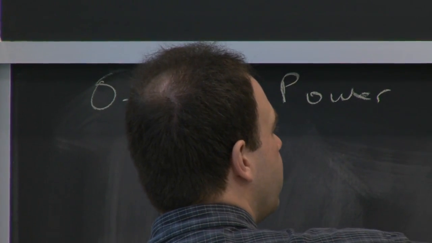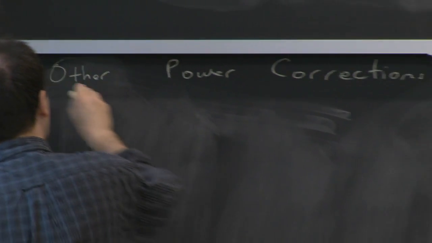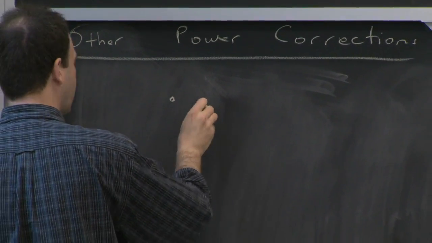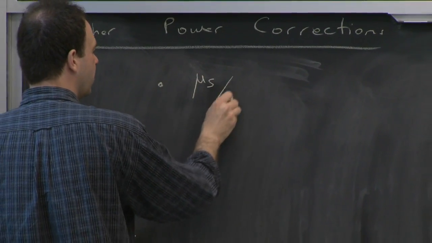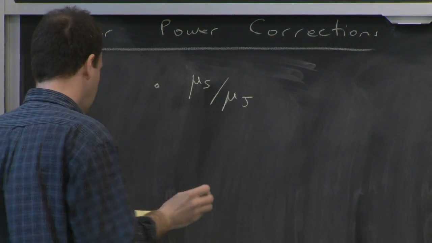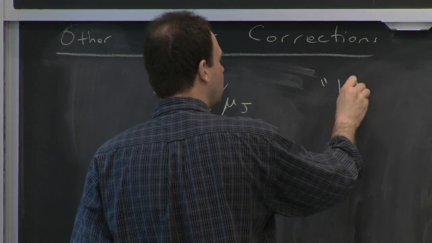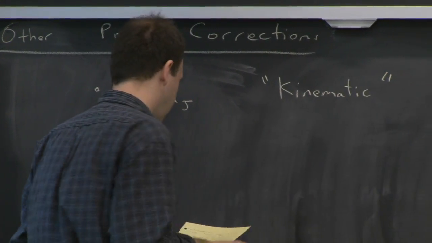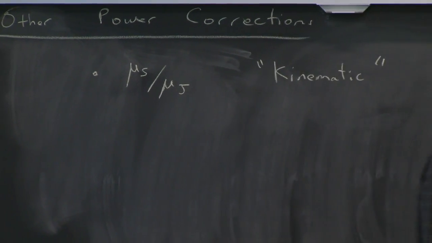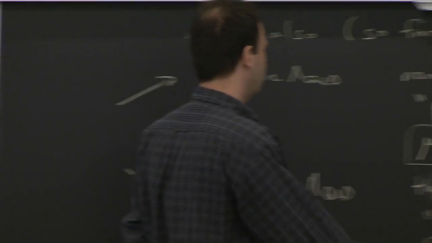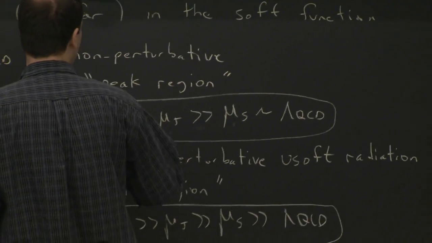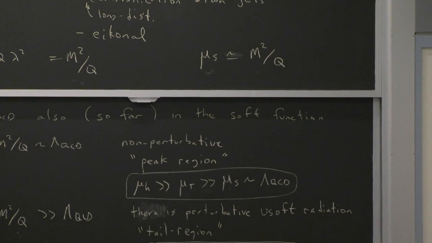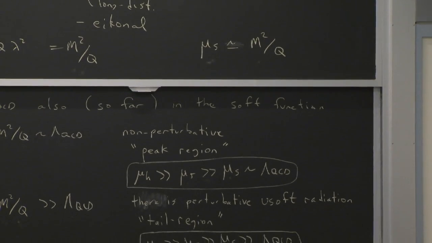You could ask about other power corrections. There's a set of power corrections where you would expand in, say, mu_s over mu_j. Let me label these as kinematic, because of the things setting the scale for mu_s and mu_j, in this picture where mu_s is this, and I always distinguish lambda QCD as a separate thing.